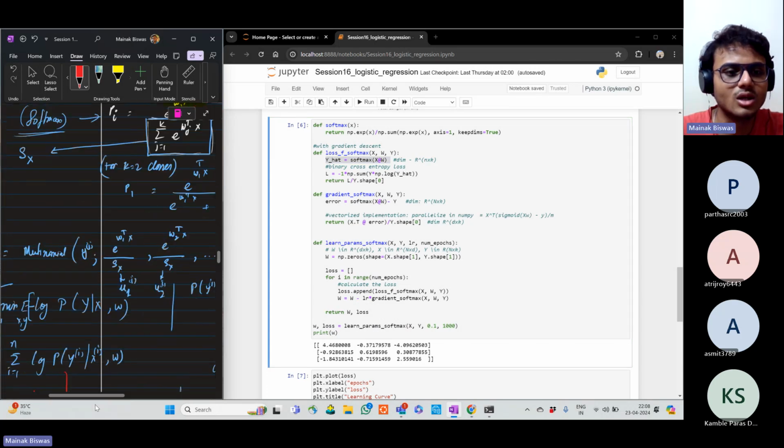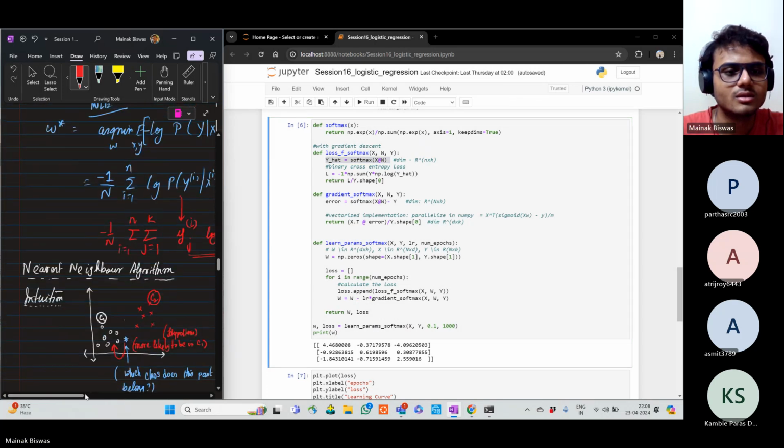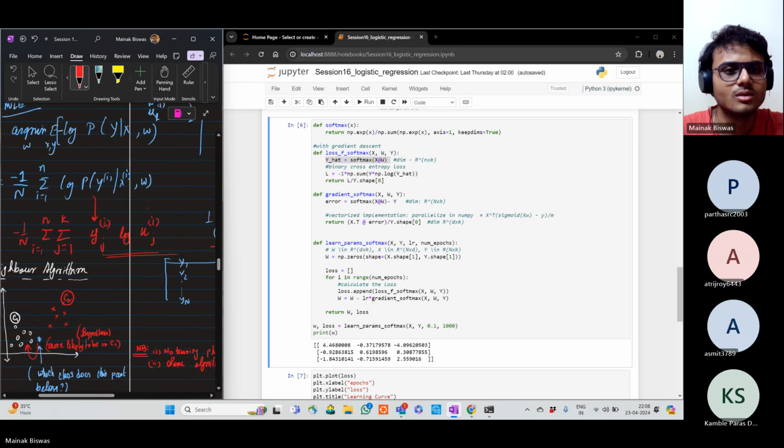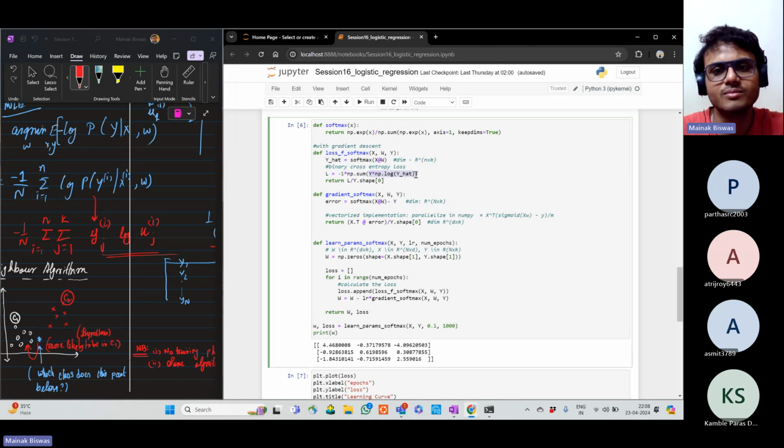Look at this. What is the loss? The actual yi's times the log of the predicted yi's, yes or no? Yes. So I just take the product of these two and sum them. That is the loss for me. No doubts. This product is an element-wise product, so there will be no problem.